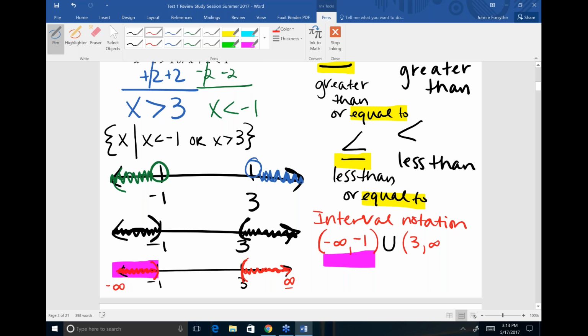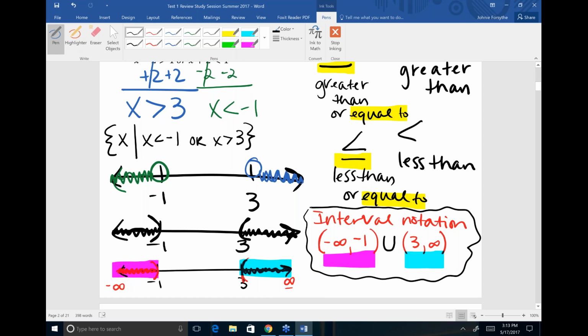Like I said, you always use parentheses for infinity. So this shaded region here is represented here. The solution in interval notation would be what we have here.